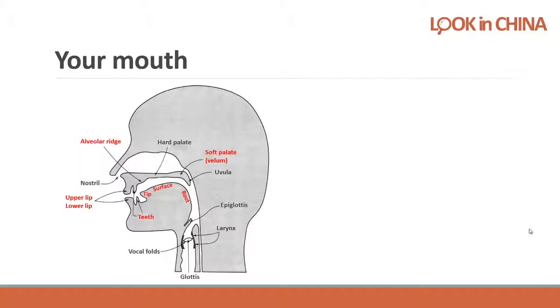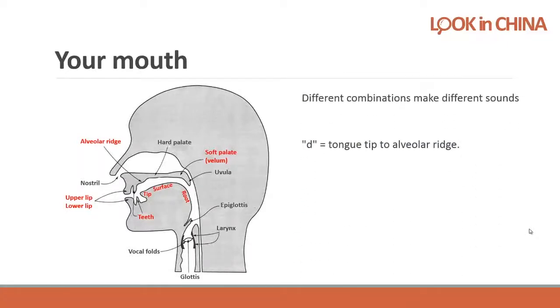So now you know there are 3 general parts of your tongue: tip, surface, and root. And there are 3 general parts of your mouth: the front, the ridge, and the soft palate. Different combinations of these areas will create different sounds. For example, the sound D is created by touching tongue tip to alveolar ridge.